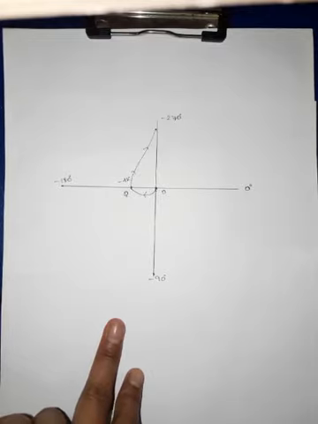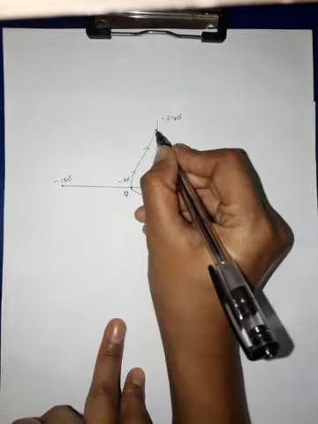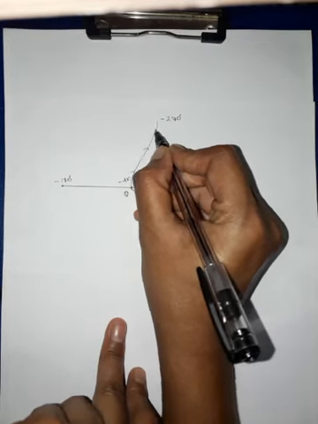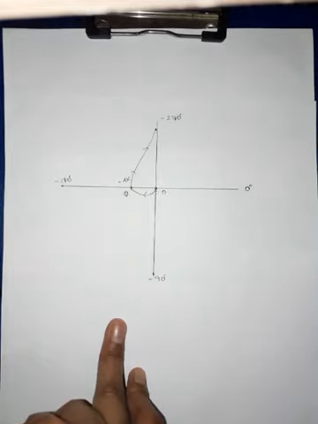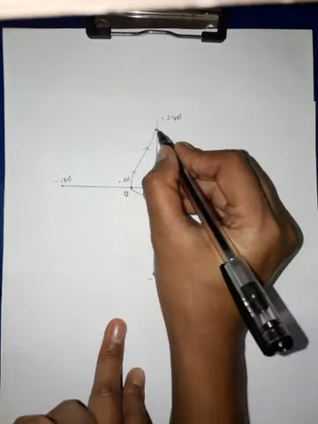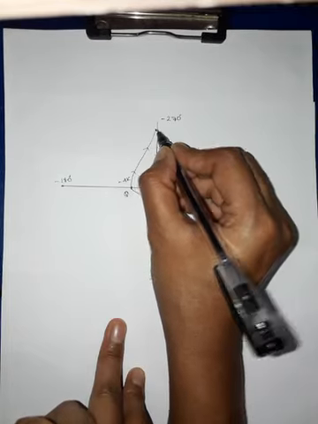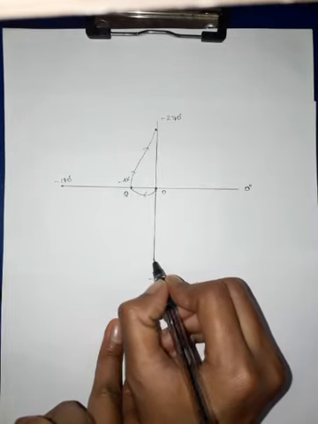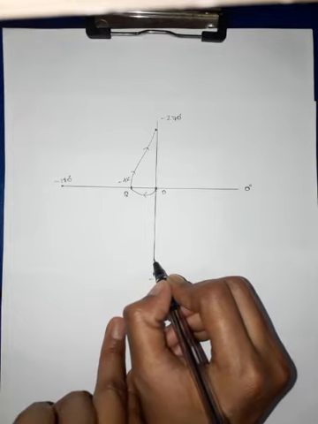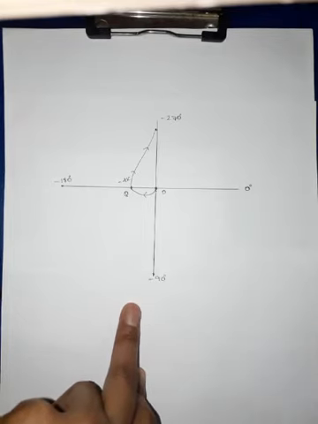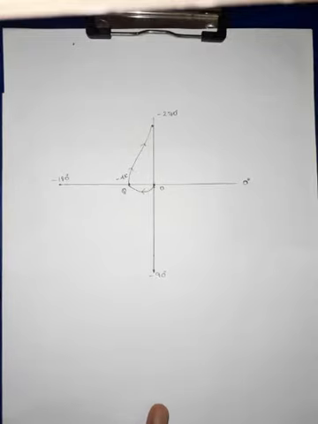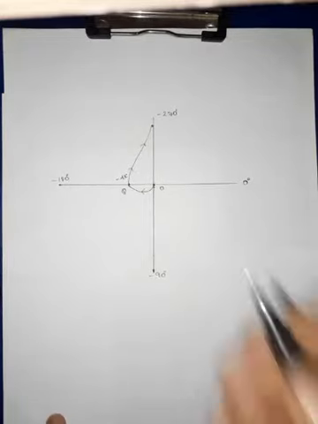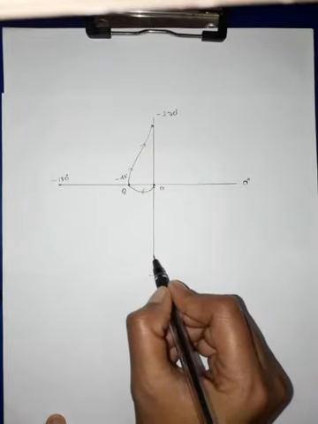For section 2, the starting point is nothing but the terminating point of section 1 only. So this will be the starting point with respect to section 2. The ending point with respect to section 2 is infinity, minus 90 degree. This is the starting point for the second section and this one is the ending point, and the angle of rotation we got is plus 180 degree. That means we need to move in the anti-clockwise direction from the starting point to the terminating point.